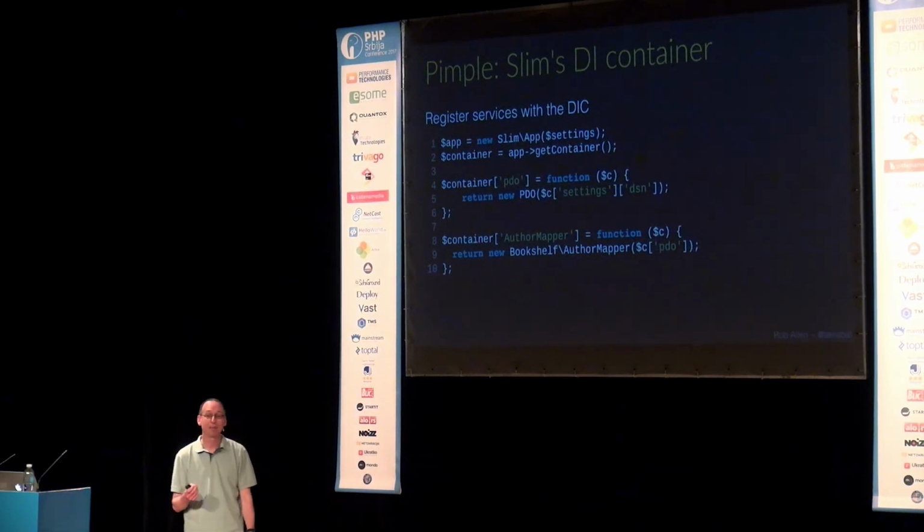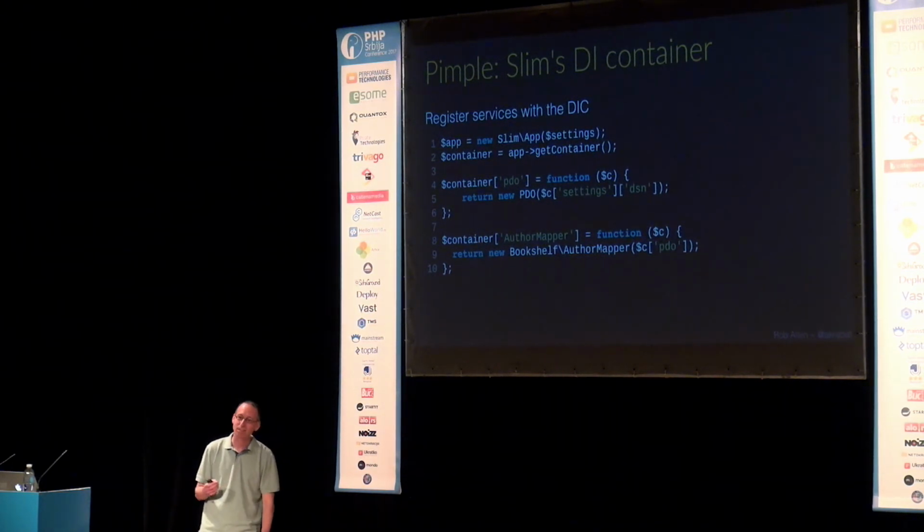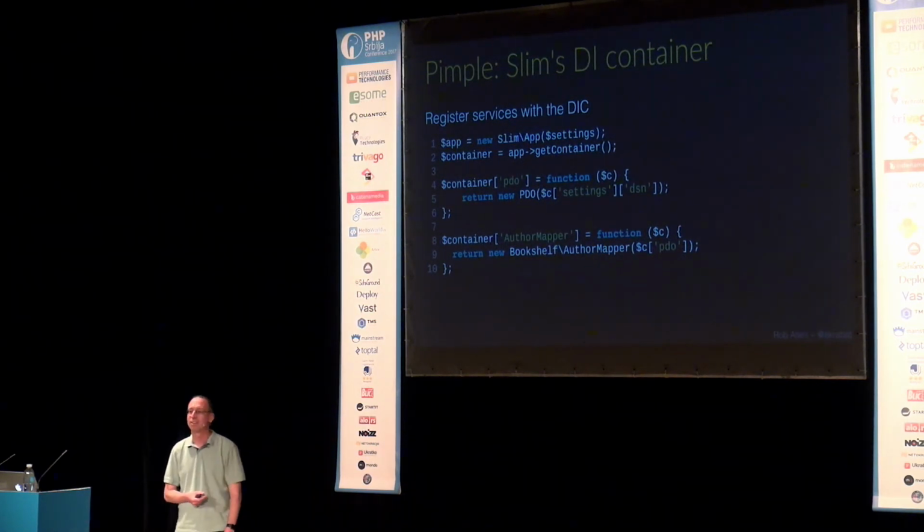So the really nice thing about DI containers is that they cut down the amount of resources you use, both in terms of memory and in terms of things like database handles or file handles. That's their biggest benefit. The second biggest benefit is that it makes testing so much easier.